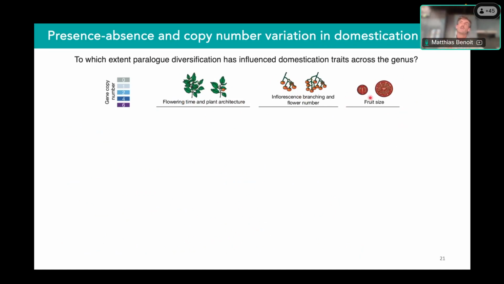So of course here we took advantage of the deep knowledge we have at the genetic level of the genes controlling those phenotypes in major crops, such as tomato, potato, and eggplant. And from this list of genes, we looked at the presence of variation, gene duplication and or mutation at those genes that are involved in controlling those domestication traits.